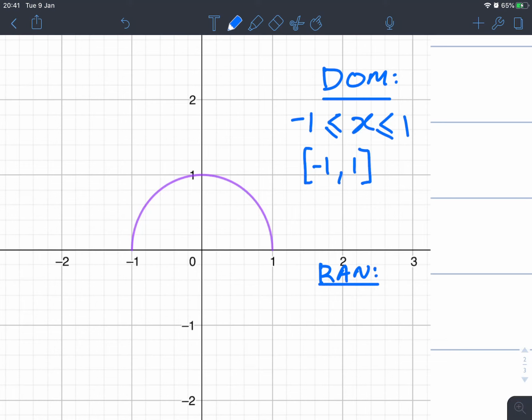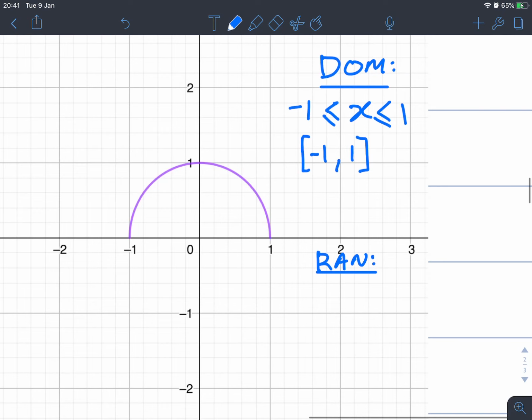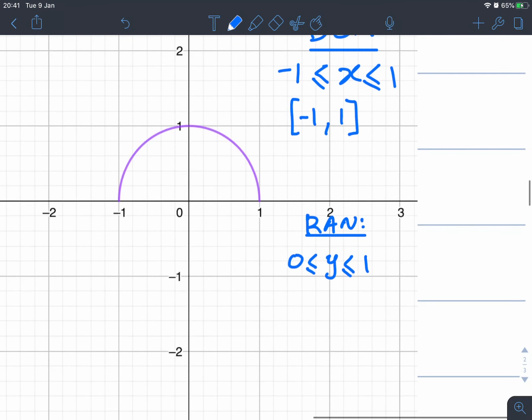What is the lowest that this y value can go? Well, here this y value is 0. Well, the range then is going from 0 is less than y is less than or equal to 1. So between 0 and 1, including 1. And in bracket notation, 0 to 1.